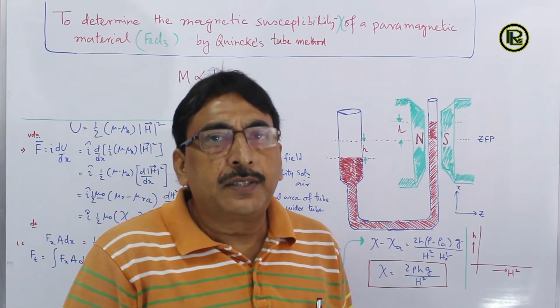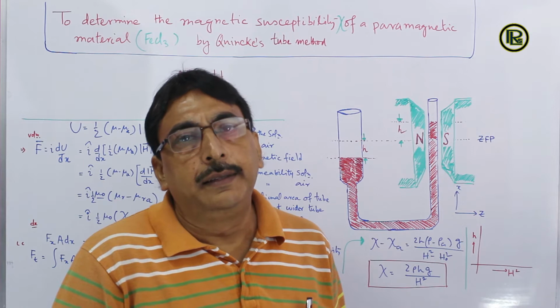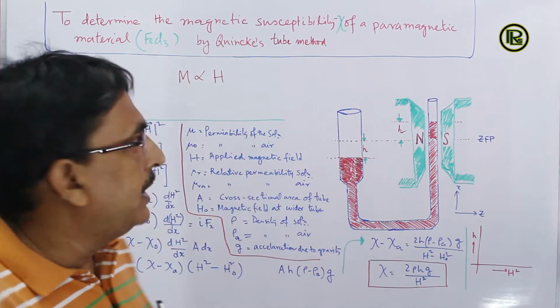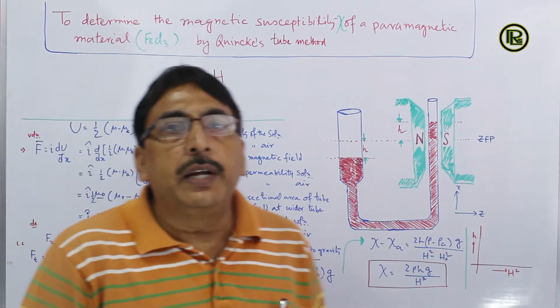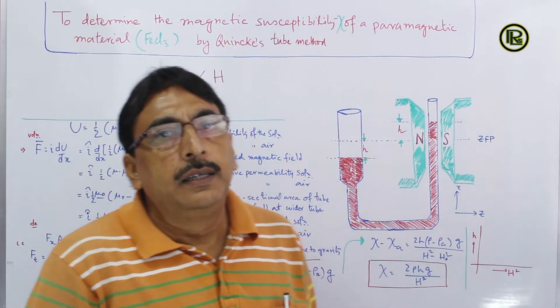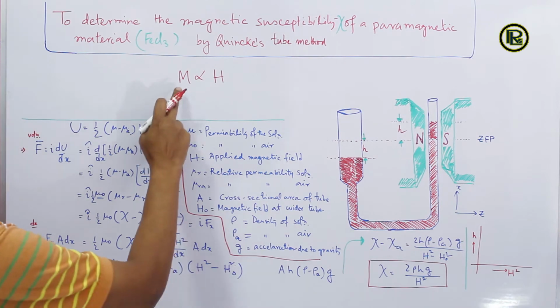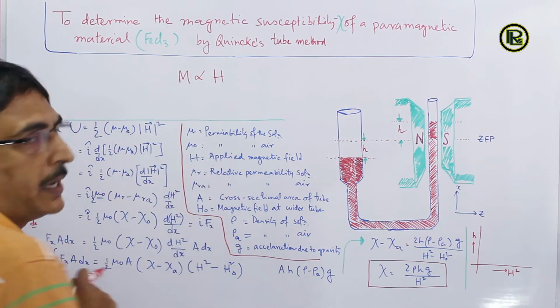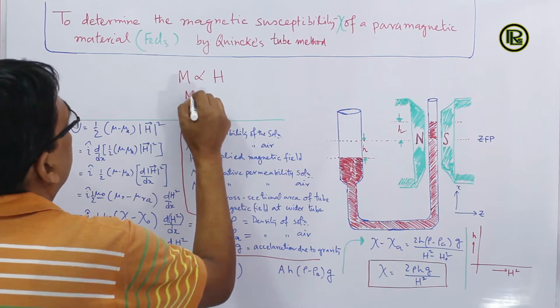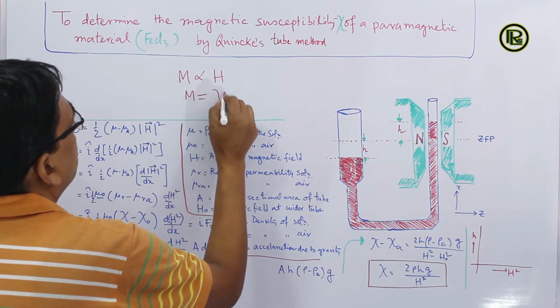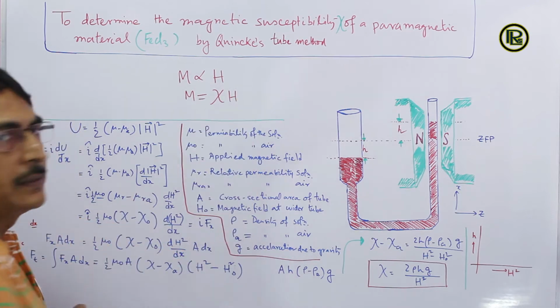When the magnetic field strength is not too high, this relation holds good, and M is equal to chi H.